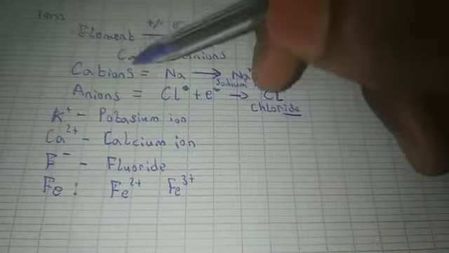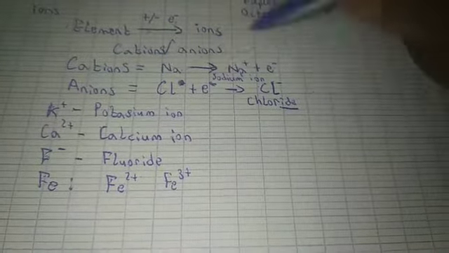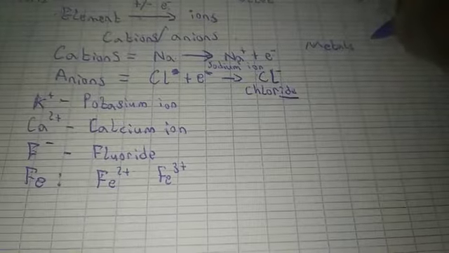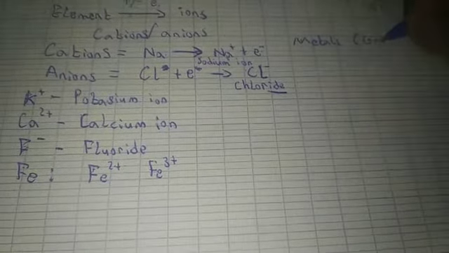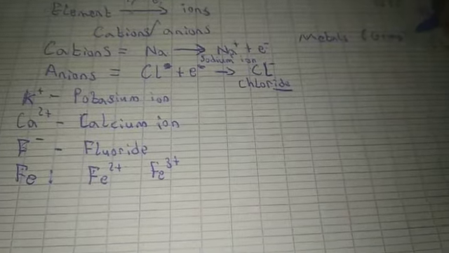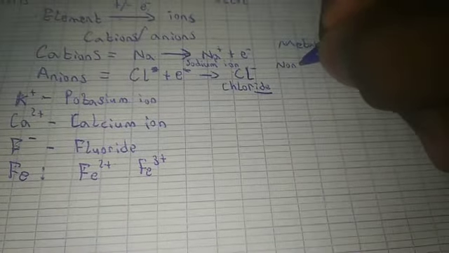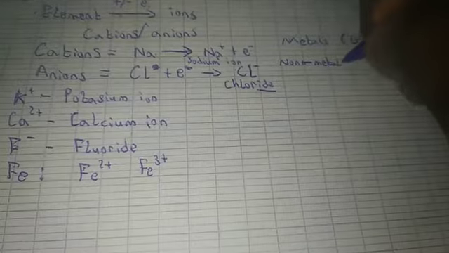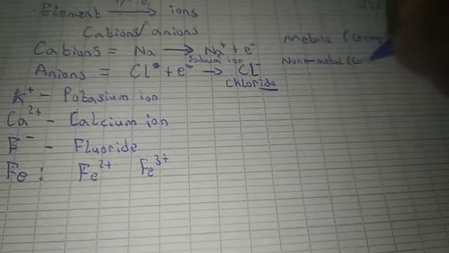For example, these anions and cations, sodium and chlorine. Sodium is a metal, while chlorine is a non-metal. Metals are in group 1. Now we have the non-metals, which are in group 0 or group 8.